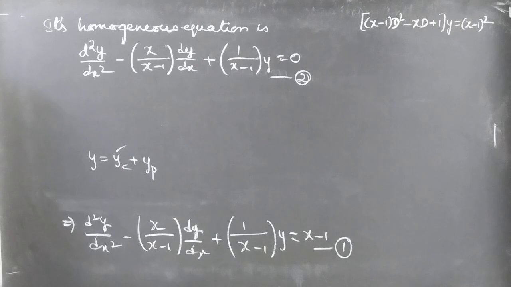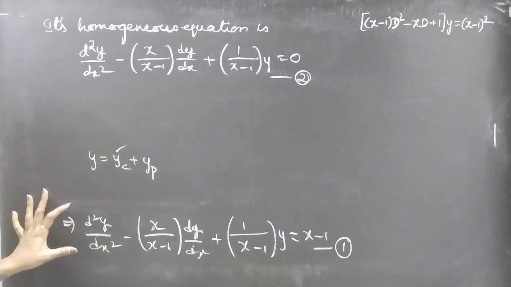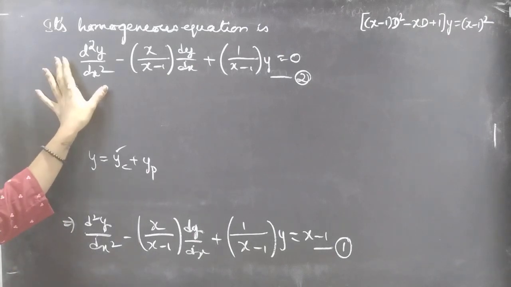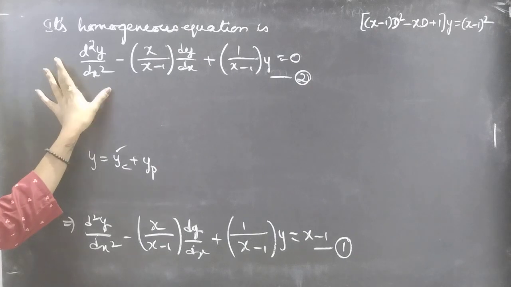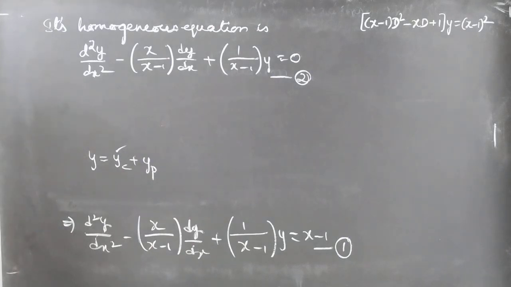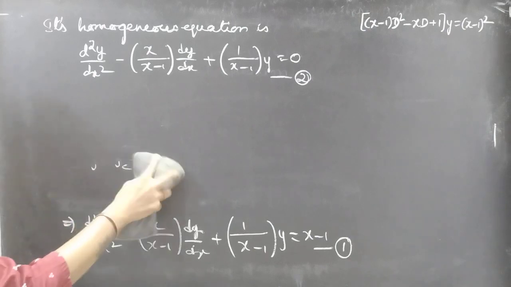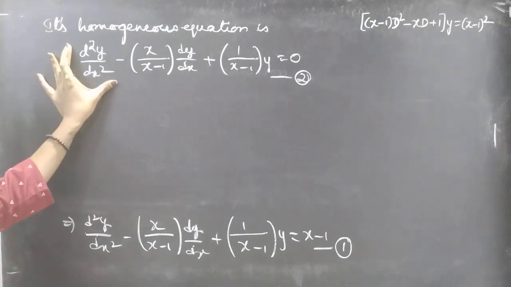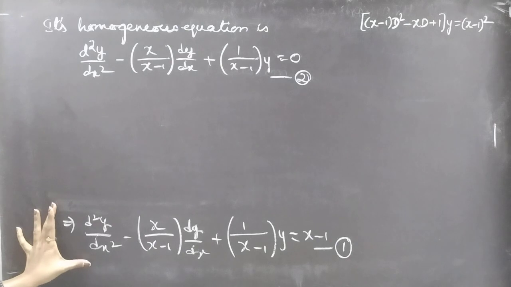Consider it as equation 2, or just compare equation 1 with the standard form equation and write p, q, r, okay? Or you can compare this equation with the standard form of second order linear differential equation and you can write p and q, okay? So here we are going to find yc, which is a solution of the homogeneous equation or part of the complementary function of 1, okay?